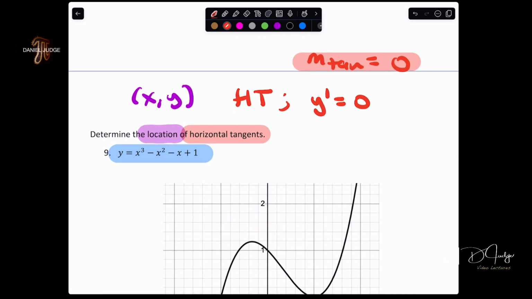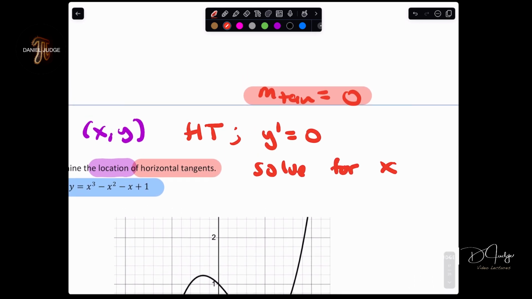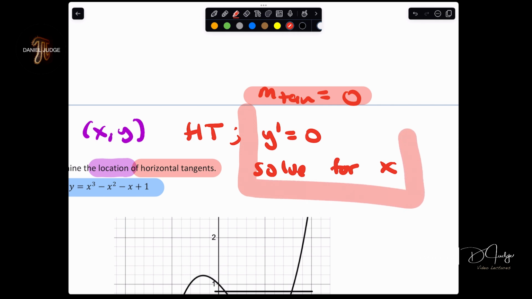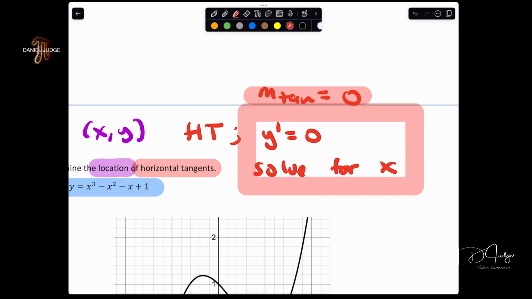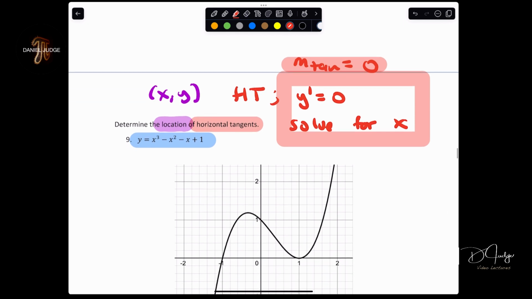Now, the procedure is: let the first derivative be 0, solve for x. So here's that procedure. I want to put this in a block because I want it to stand out, because I want you to know that this is the process you use to find horizontal tangents. So, okay, number 9, location of horizontal tangents.